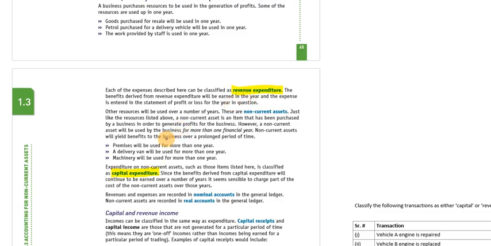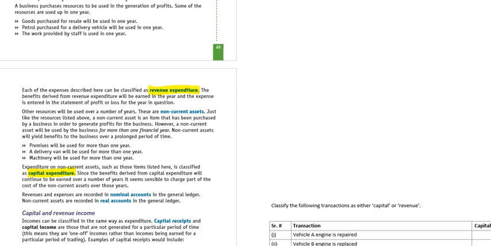There are actually 4 terms which are used alternatively: revenue income, revenue expenditure, capital income and capital expenditure.